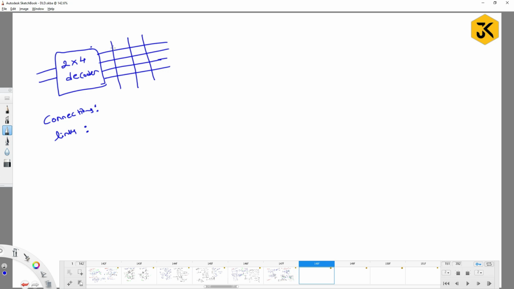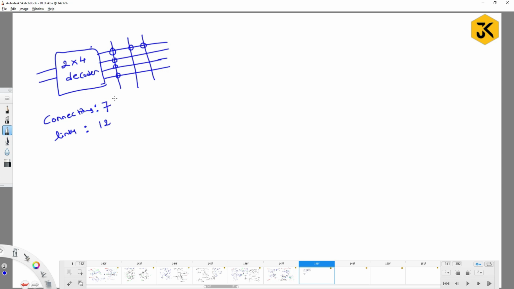Links means what? Each and every interconnection, right? You may observe that at the horizontal line you have 3 interconnections, at the vertical line you have 4 interconnections. Can I say that it is 12 links? What about the connections? 4 as inputs and 3 lines as output. So can I say that 7 connections are there?